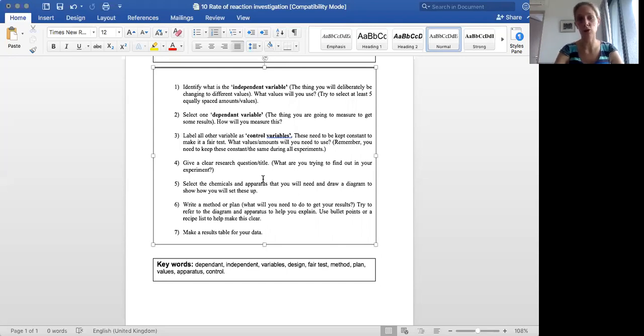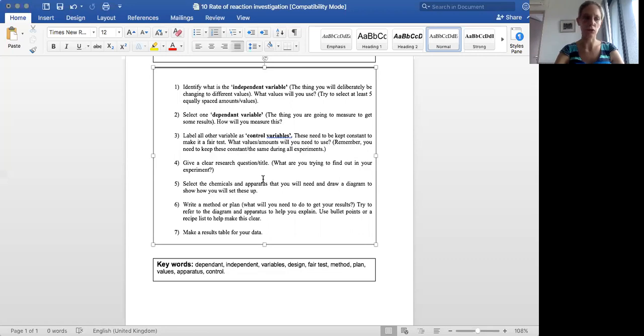So the first thing you're going to have to identify is your independent variable, the thing you're deliberately going to change. You want 5 equal values for this. So if you're going to deliberately change the temperature, and say you're working with water and solubility of something you have in the flat, salt, sugar, corn flour, whatever, you need to make sure you're spreading it out evenly.